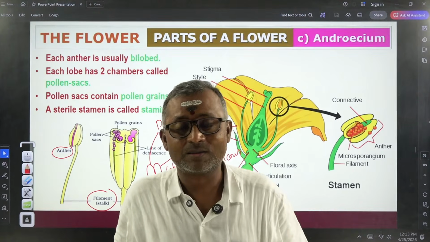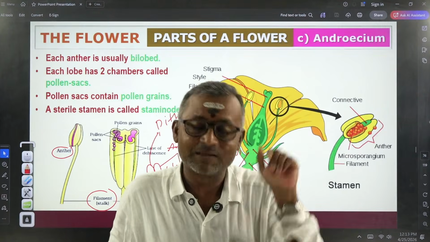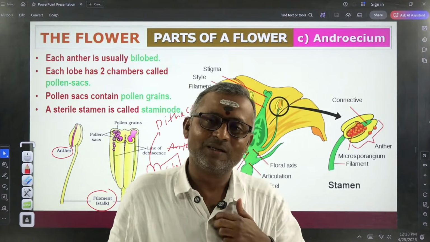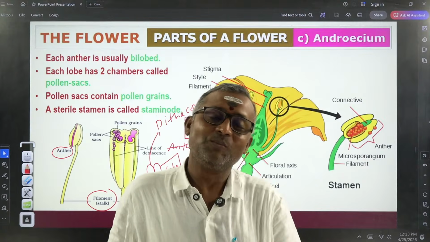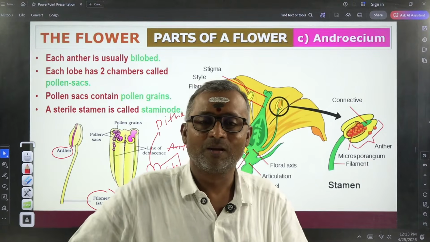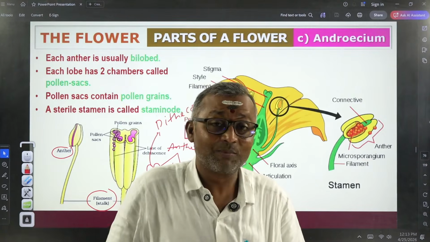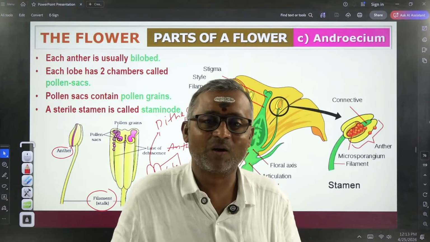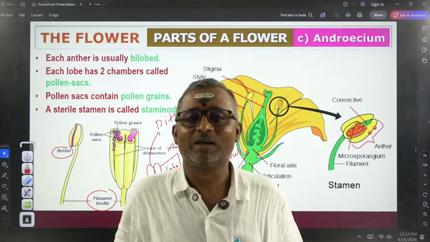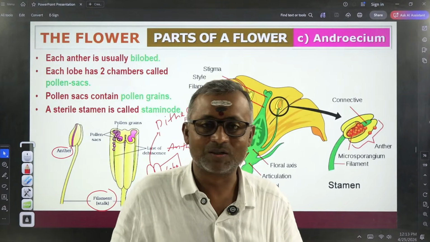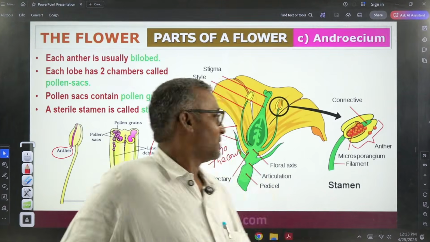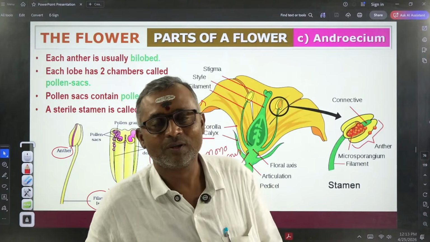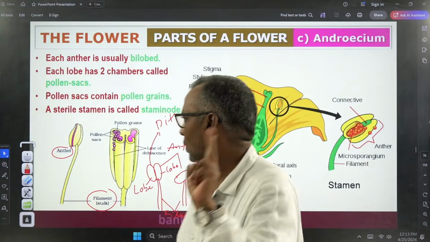These are all monocots, but they have dithecous anthers. Hibiscus is a dicot, but it has monothecous anthers. Do you know moringa? Drumstick. It is scientifically called Moringa. It has monothecous anthers. Understood? So monothecous means anther with one lobe, and dithecous means anther with two lobes.